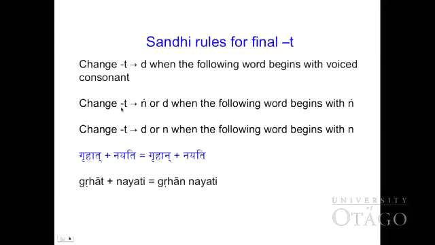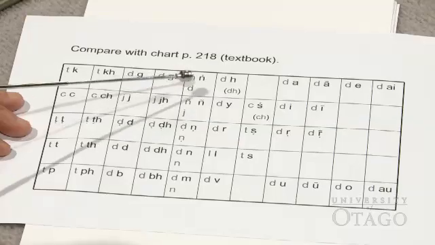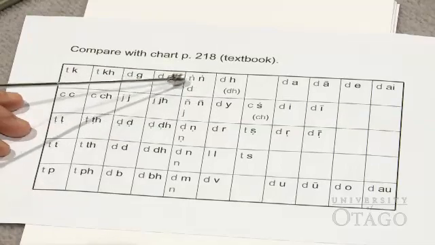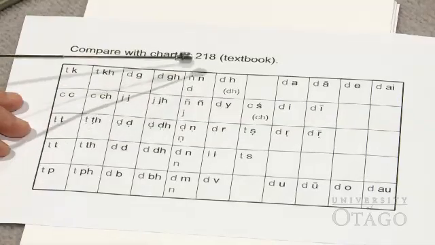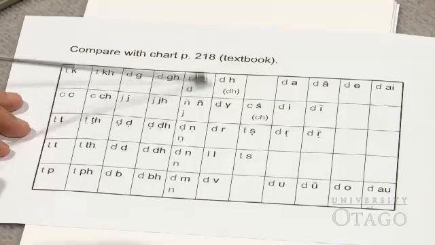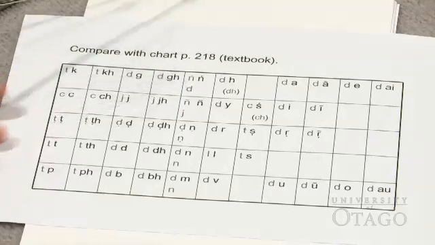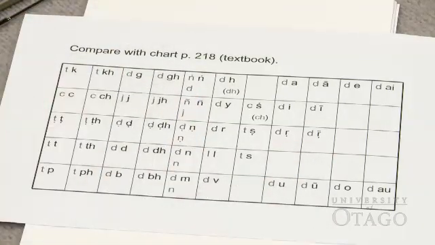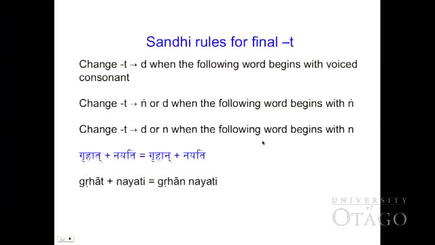Another one: change T to N, nga, or D when the foreign word begins with nga. See from the chart, change T to nga if the foreign word begins with nga in this one. And change T to N when the foreign word begins with na.